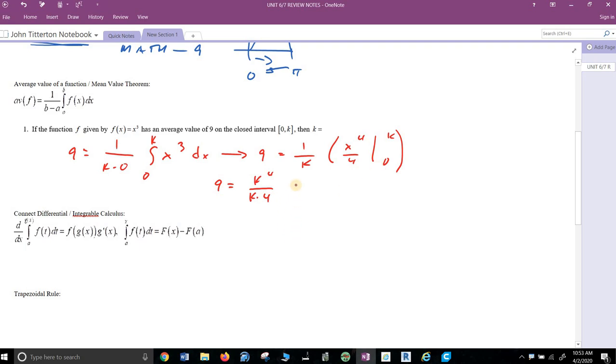The 0 is going to drop out. It's basically minus 0, but I'm not going to bother. So this becomes k cubed. That goes times 4 times 9. We get 36 equals k to the third. K is the third root of 36.